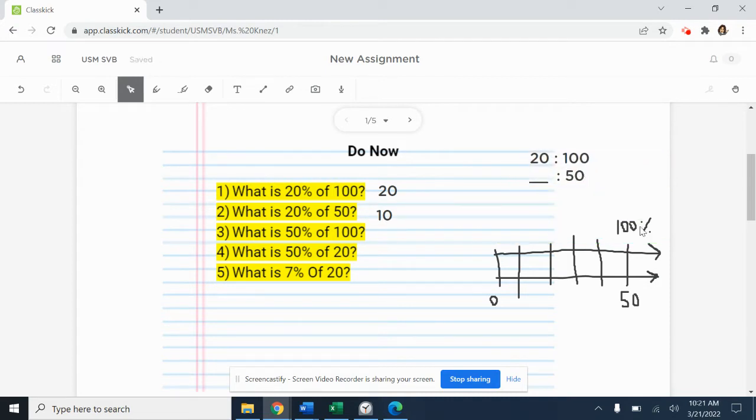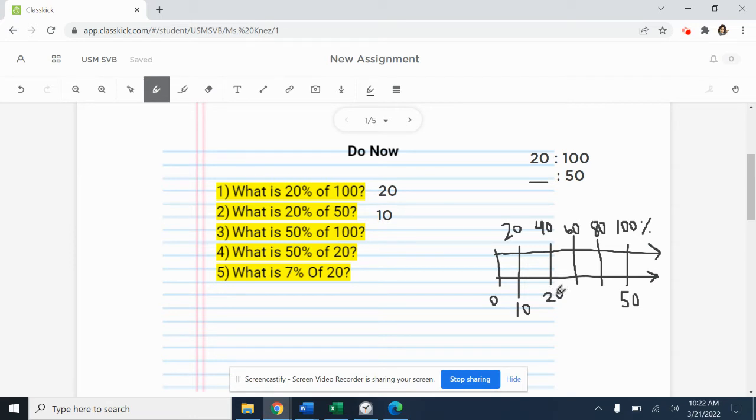I know that I have 100% and I'm counting by 20s. So I have 20%, I have 40%, I have 60%, and I have 80%. Then, because I know that I've split up my number line into 5 equal groups to count up to 100%, I'm going to do the same thing below. And so I know that I need to count by tens.